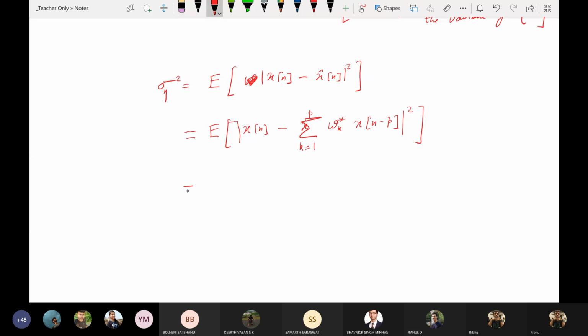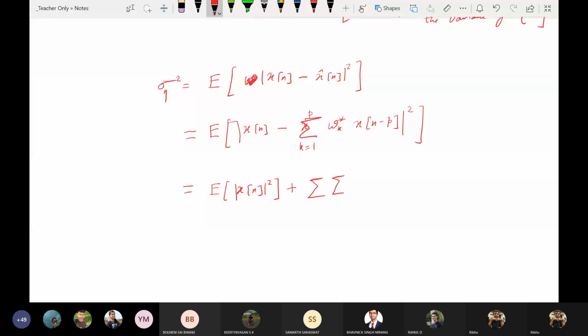Now this equals expectation of xn square plus summation. Summation and expectation are both linear operations, so I'm skipping a step and moving the expectation inside the summation.